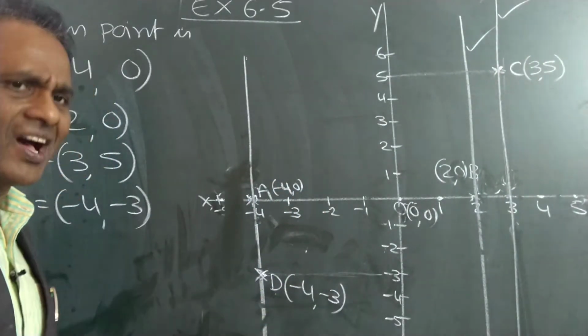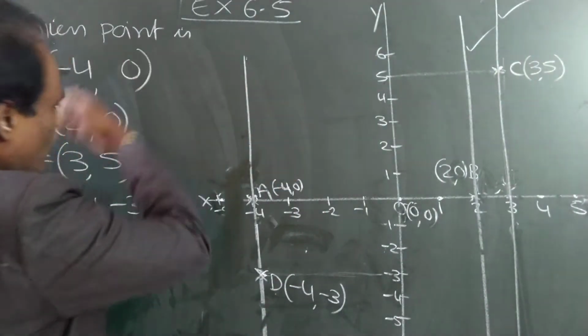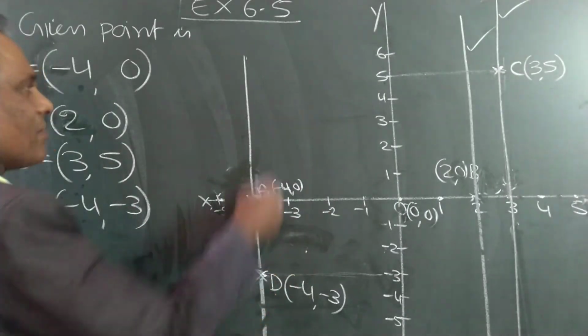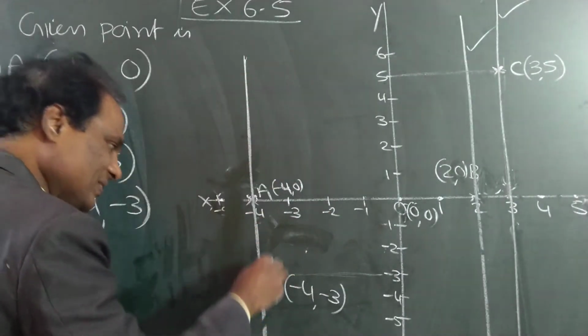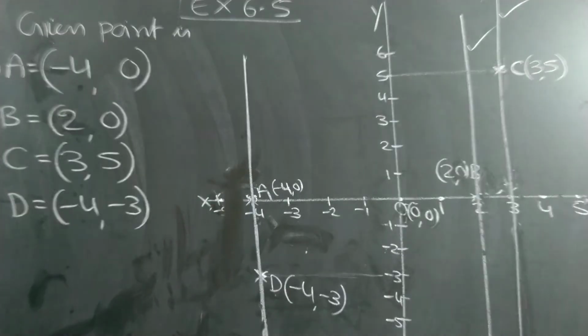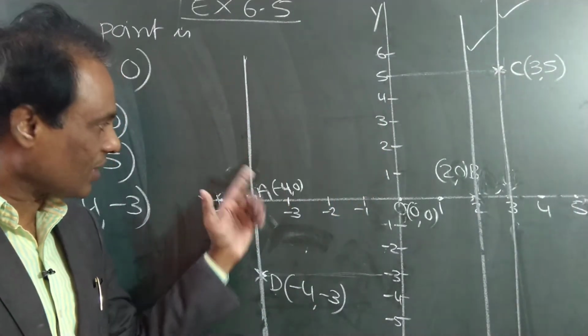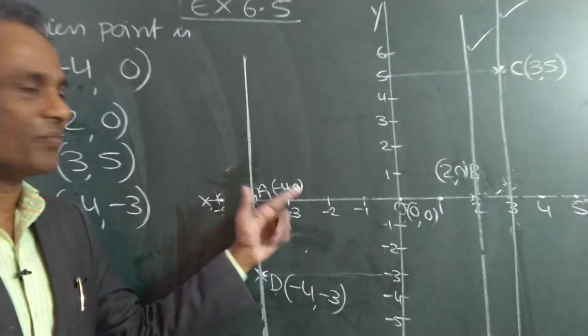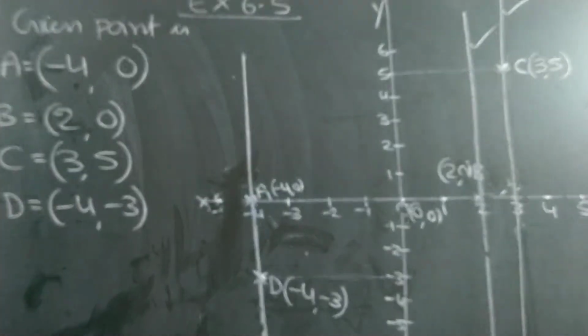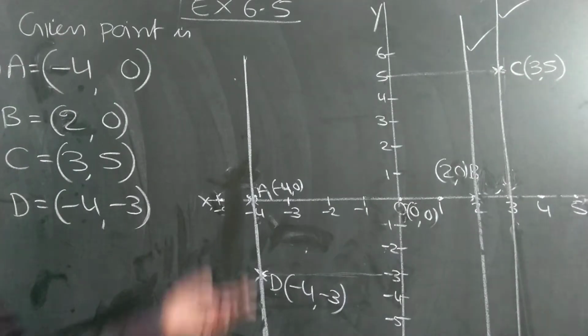But if I represent all 4 on the same graph, we will get the same line. Through -4 comma 3, a line parallel to y-axis is the same line passing through -4 comma 0. But if you are using separate paper, you will get a separate line like this.